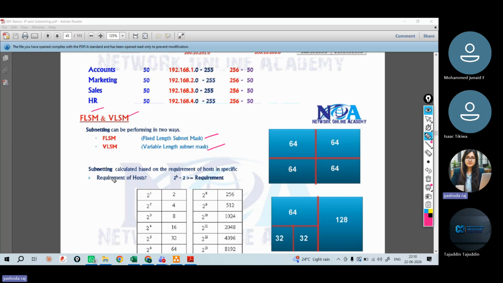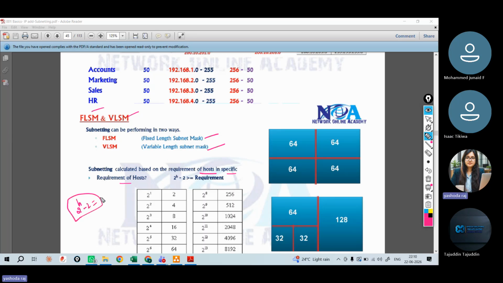Subnetting is calculated based on the requirement of hosts in specific. So there is a formula to identify what my requirement is. For the requirement of hosts, the formula we are going to use is 2 power h minus 2. That is the formula, where this is h.